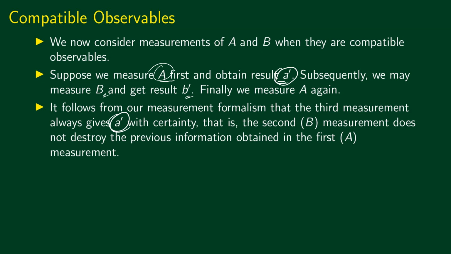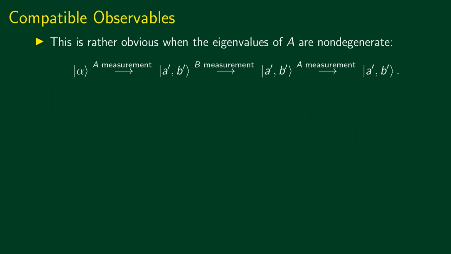So we can see it as follows. Let's first revise the measurement theory a little bit. According to measurement theory, if I start with a state represented by ket alpha and make a measurement of observable A, the measurement result is one of the eigenvalues of A, let's say A prime.